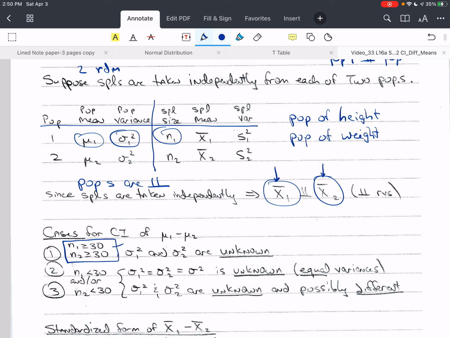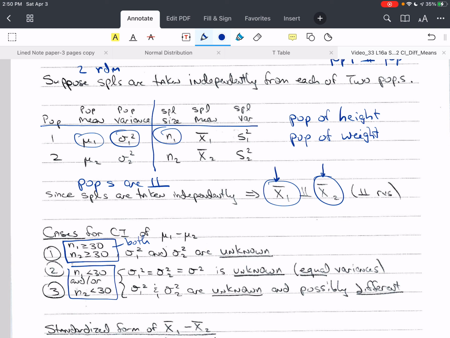So this means that both n1 and n2 have to be at least 30, so equal to or greater than 30. For cases 2 and 3, either n1 or n2 or both are less than 30. So if just one of them is less than 30, you cannot use case 1.